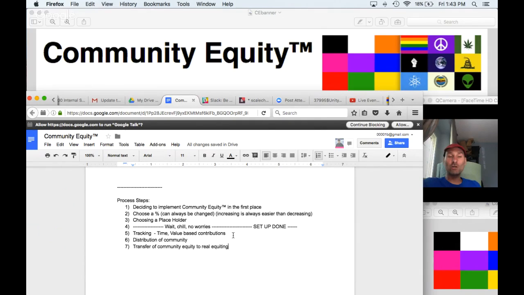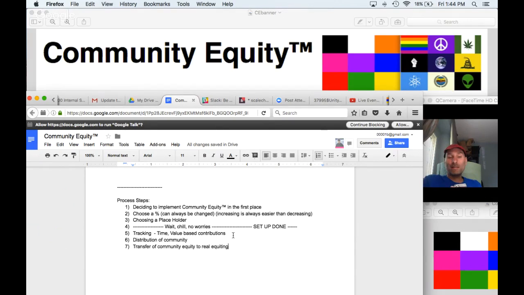Community equity is so simple and easy to implement, because even though you might have 20, 30, 40 people involved in an organization or business that are all getting equity, you don't have to worry about all the legal shenanigans of actually issuing each of those individual people a legal piece of the pie.